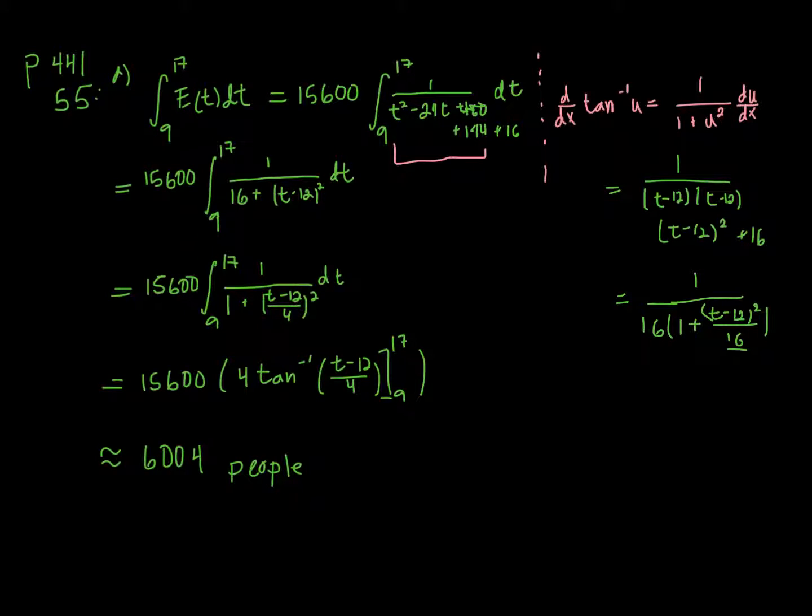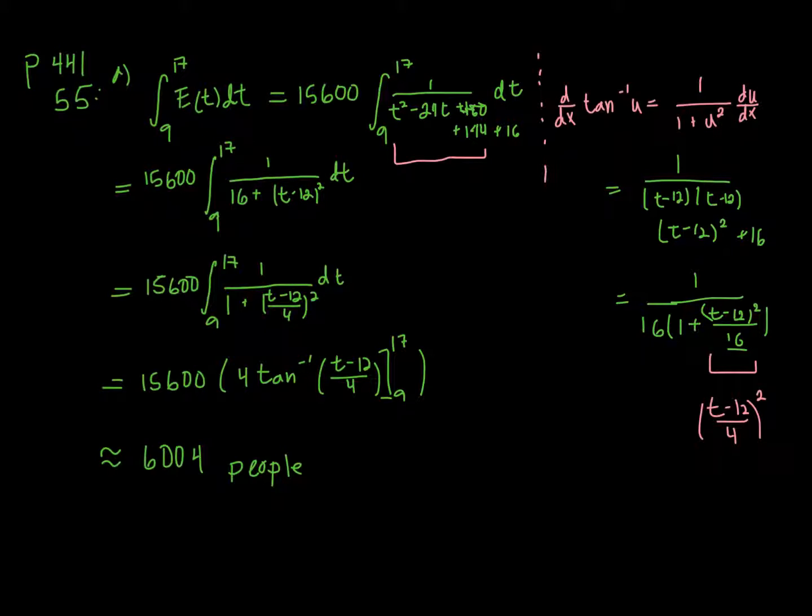Now, since 16 is just 4 squared, I can rewrite this term here conveniently as t minus 12 over 4 all squared, as I have done right here. So now I have 1 over 1 plus something squared, and that is exactly what the derivative of inverse tangent u is going to be.